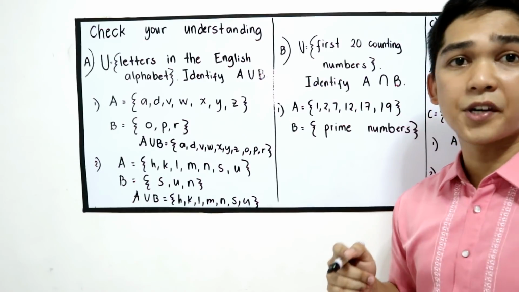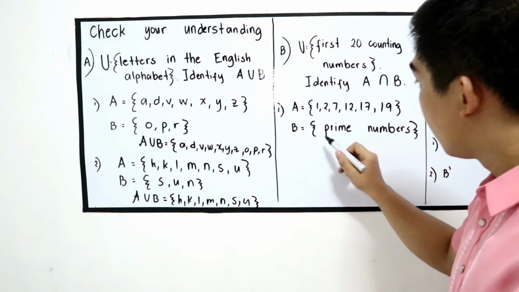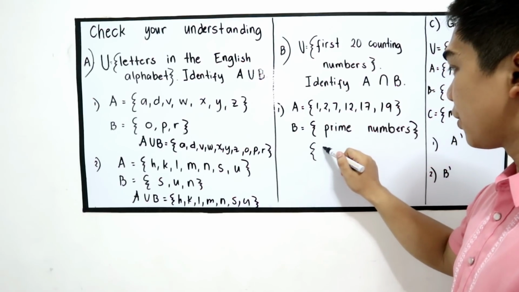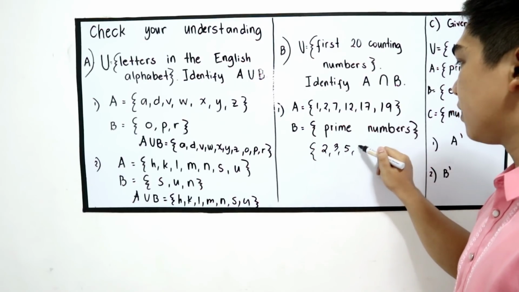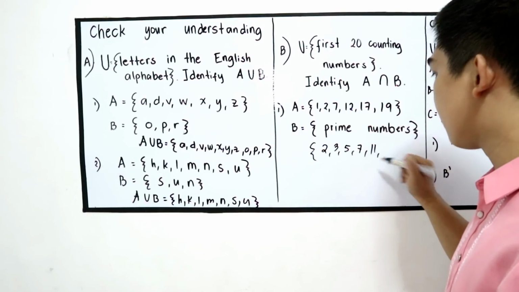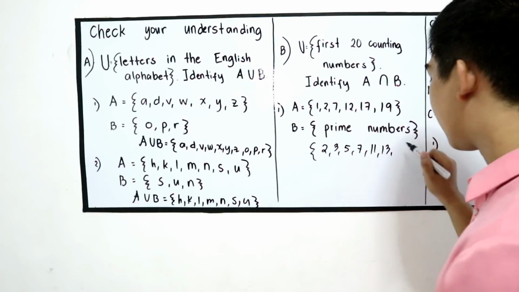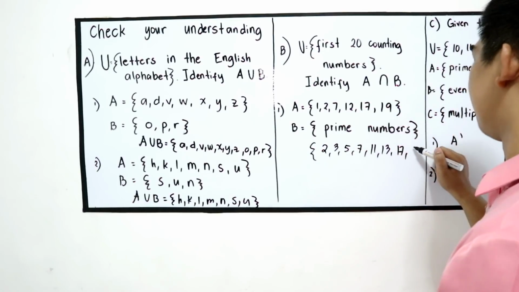First step, let us first write or find the prime numbers. Prime numbers are 2, 3, 5, 7, 11, 13, 17, and 19.